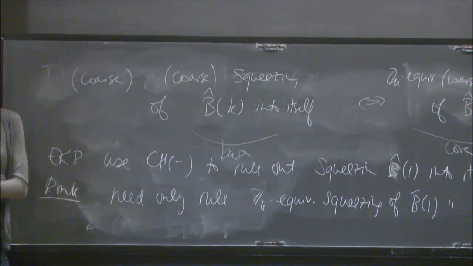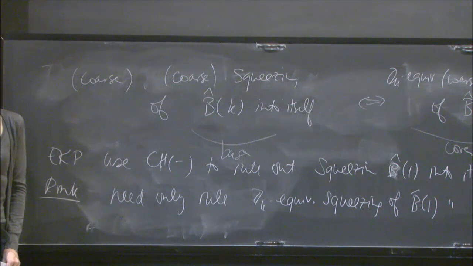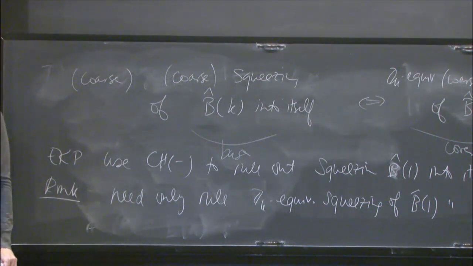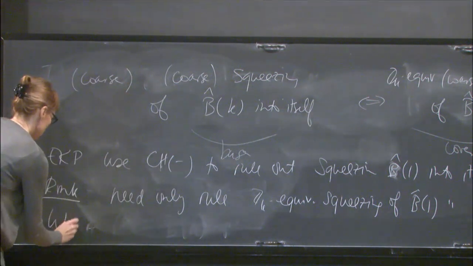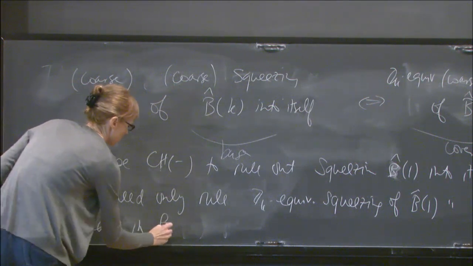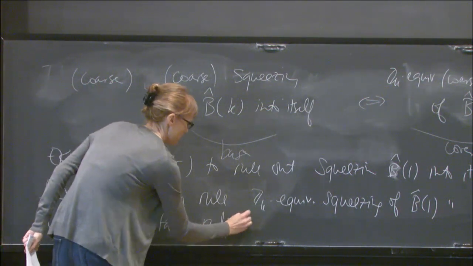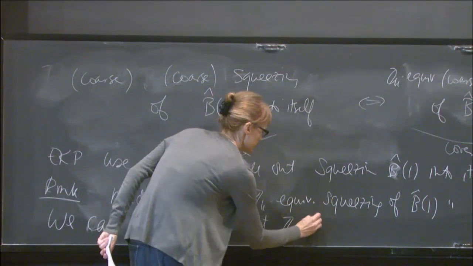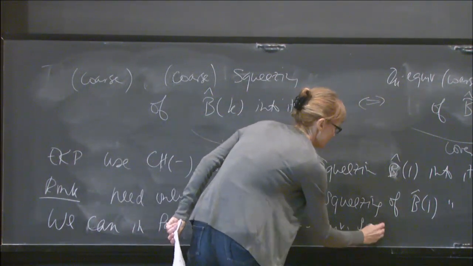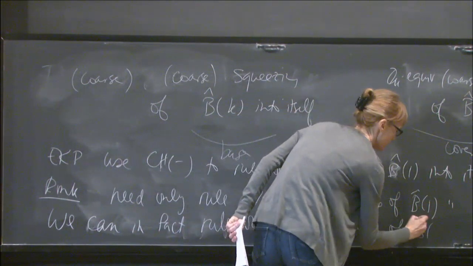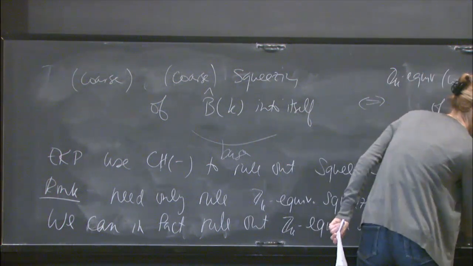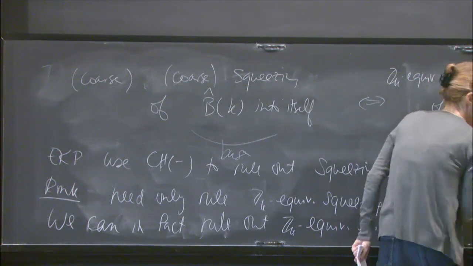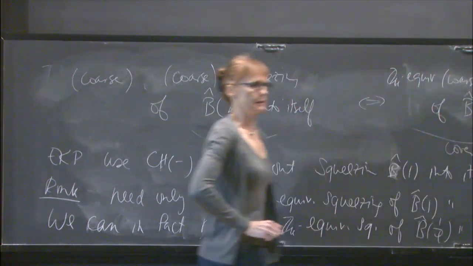However, and so this is the main idea or the main motivation in defining a Z_k equivariant version of contact homology, we can Z_k equivariantly, so in fact we can rule out Z_k equivariant squeezing of hat B_1 over L into itself for any L less than k.